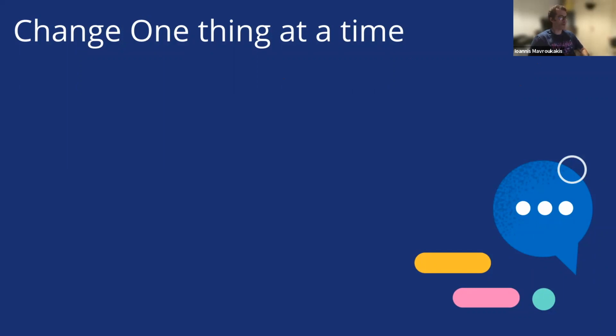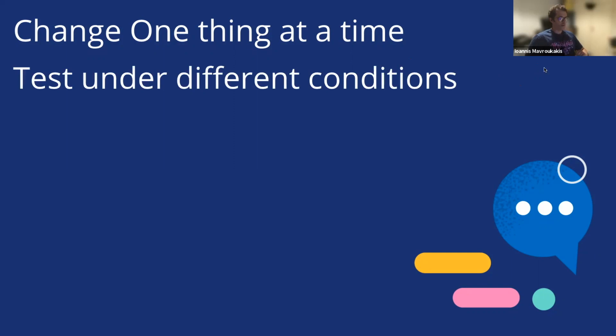So whatever you're testing, just change one thing at a time, test again, change another thing, test again, and so on and so forth. Test under different conditions, very important. Have a mixed load, right? You can have something that runs as a term query, or something that does aggregations, something that has range queries, anything, it doesn't matter.